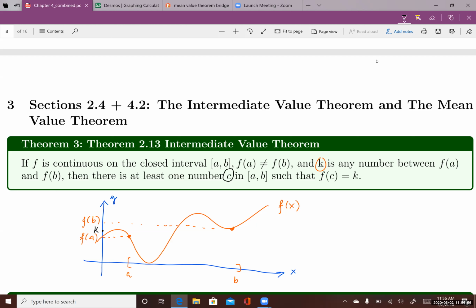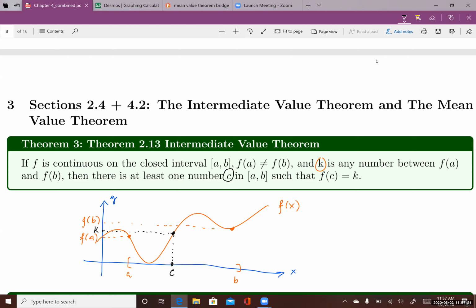That means if you project this k to the function f of x, then you can find at least one value of c here. So you're guaranteed to have a value of x, which is c, such that if you apply this value c into the function, you get k. Now, what does this mean?